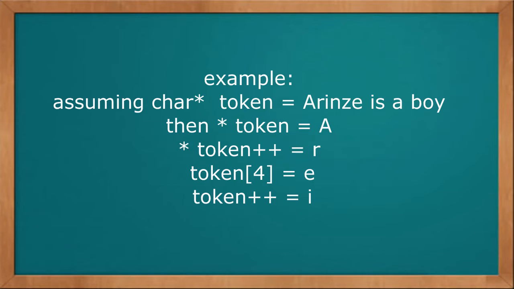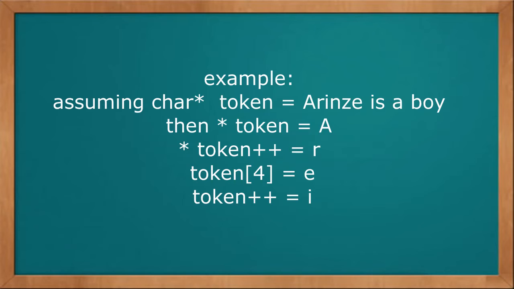Then if we increment the asterisk token, then it will now start pointing to the second character, which is now R. But using a block quote or block parenthesis, we can pick in to get the value in any part of the file without shifting the pointer.